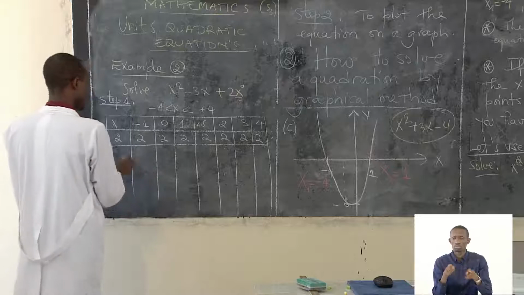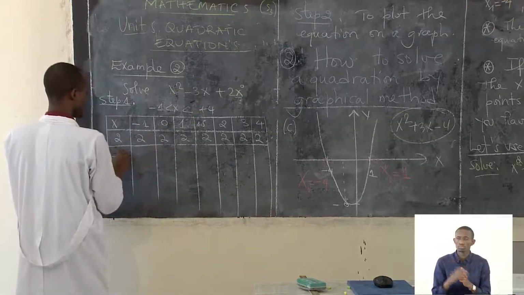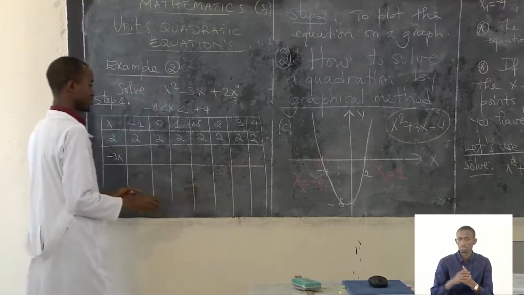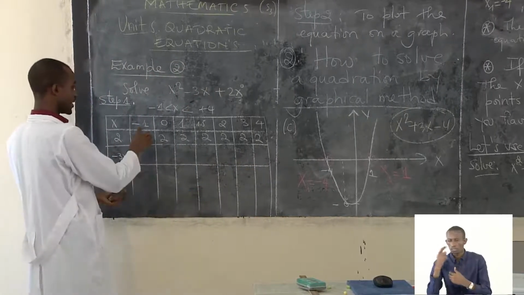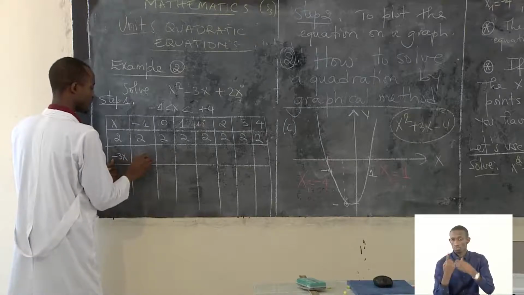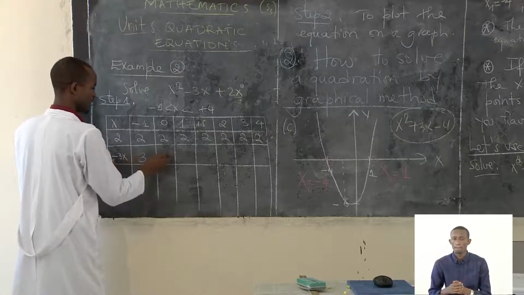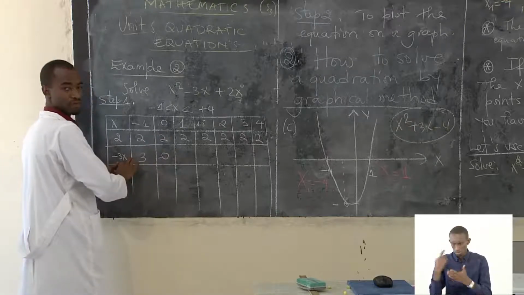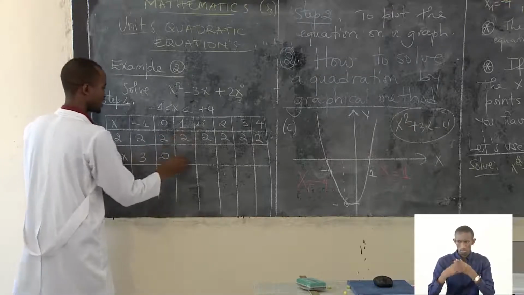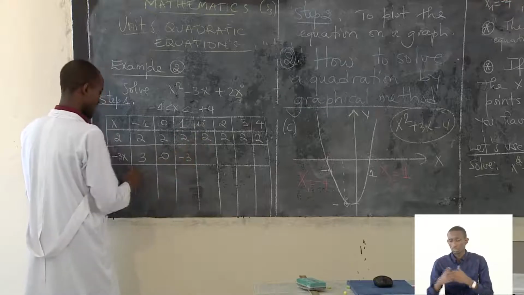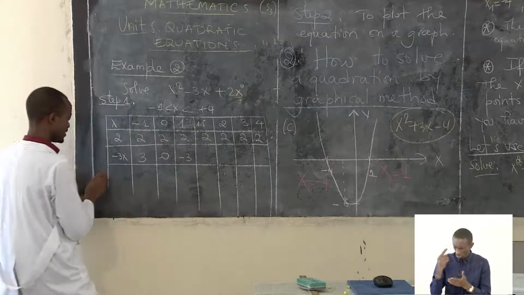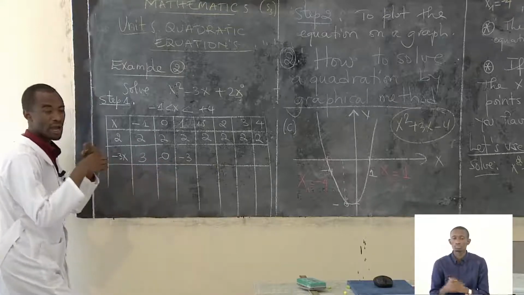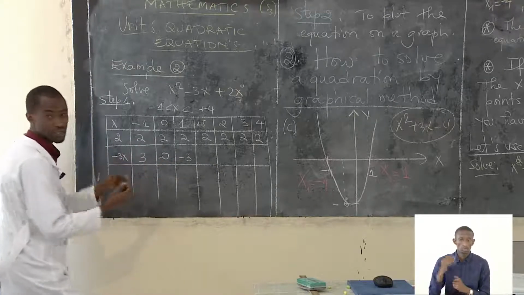And from here, you need to go to negative 3x. We are going to look for negative 3x. What do you get? I take negative 1 times here, I will get 3. This one I will get 0, because 0 times negative 3 gives 0. Here, what do I get? It is 3 times 1.5, that is 4.5.